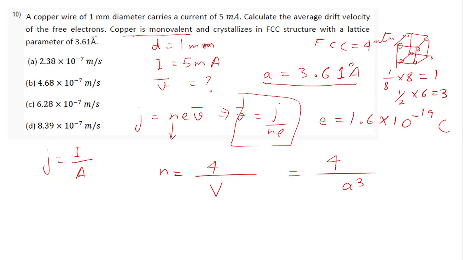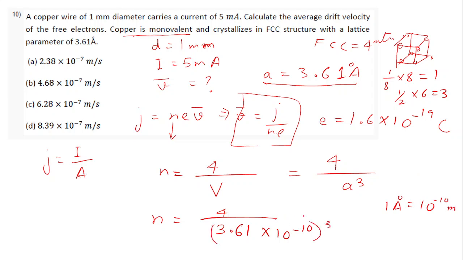Everything should be in SI units. So the number density will be 4 divided by 3.61 into 10 to the power minus 10, because 1 angstrom is 10 to the power minus 10 meters, and a cube means the cube of this.